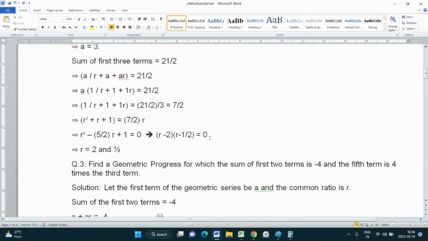So r minus 2 is equal to 0, no, r is equal to 2. R minus 1 by 2 is equal to 0, no, r is equal to half. This is how they would have taken it. Got it? You have to find how to factorize this.